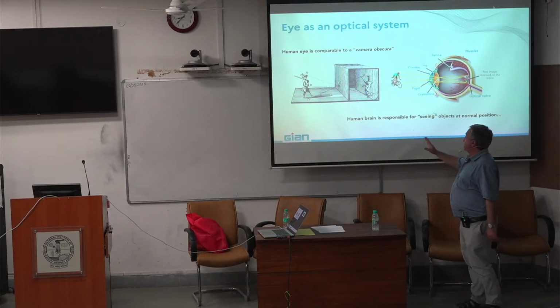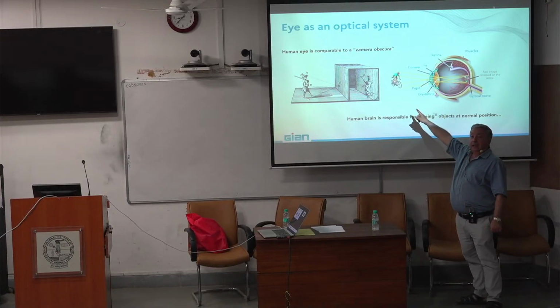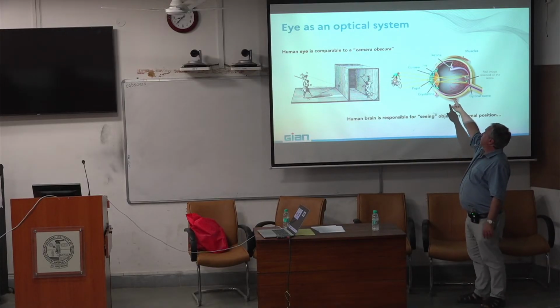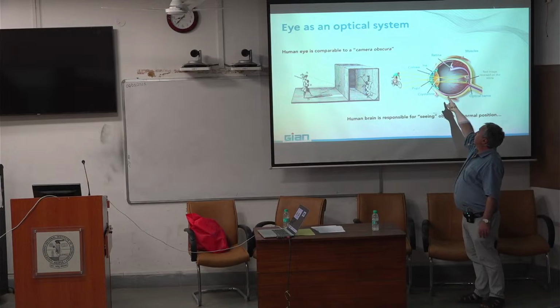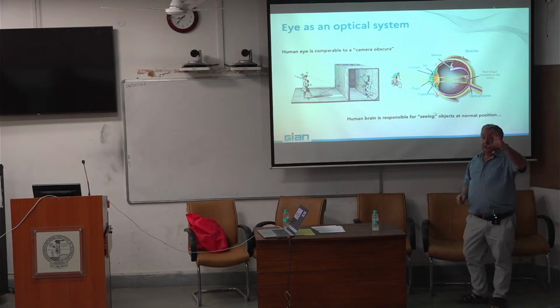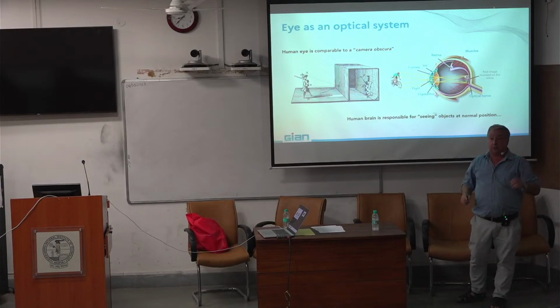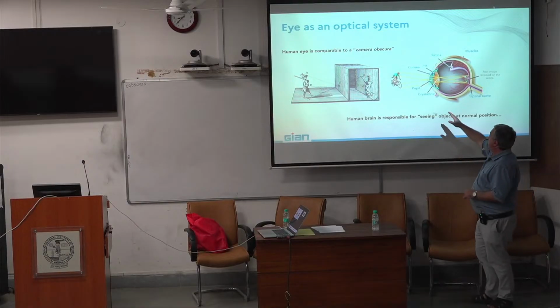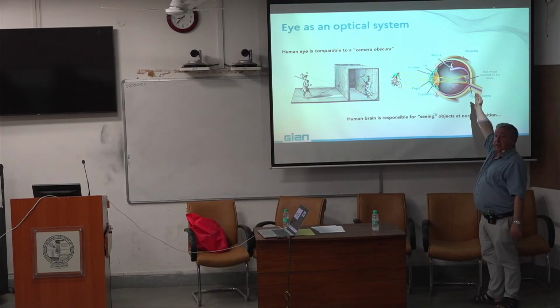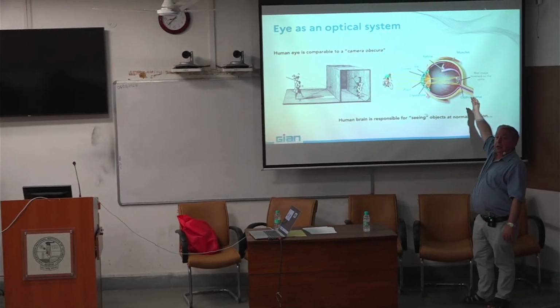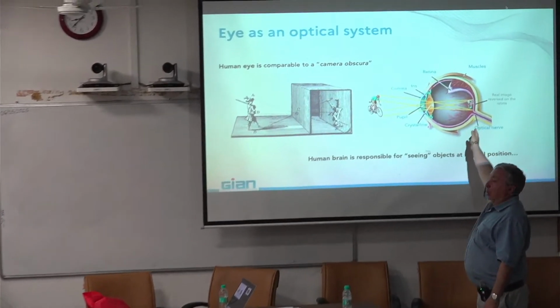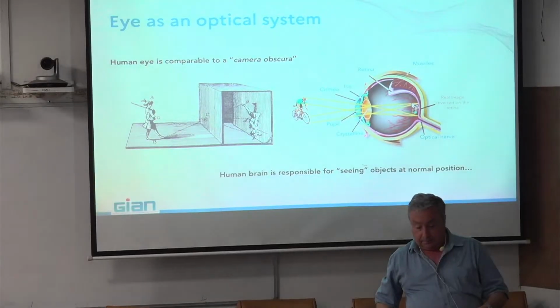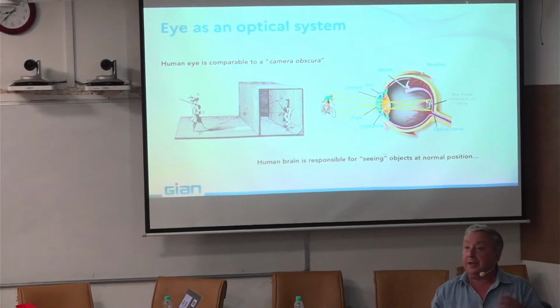Our eye is exactly the same thing. When you see the cyclist, the light passes through the iris. The iris size can change. We discussed that, but this is the small hole, and the image is then focused and formed at the back of the eye, which is the retina.